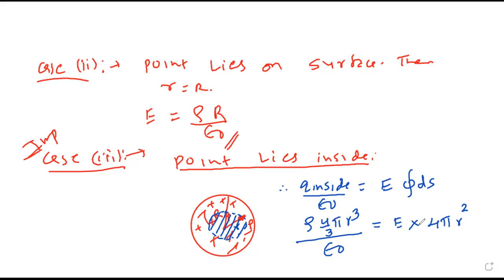So this 4 pi will get cancelled, r square, r will get cancelled. So we get E equals to rho r upon 3 epsilon naught. Copy.